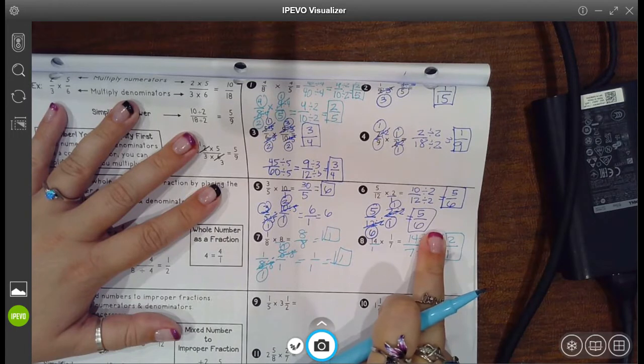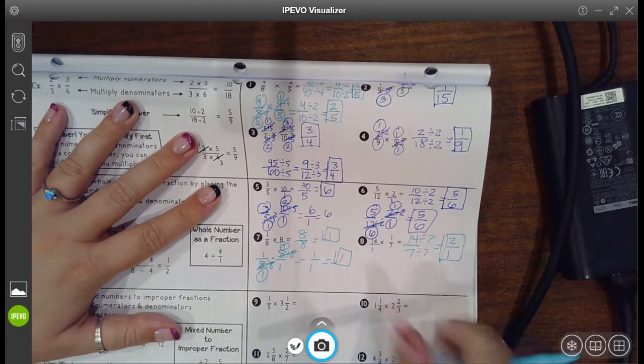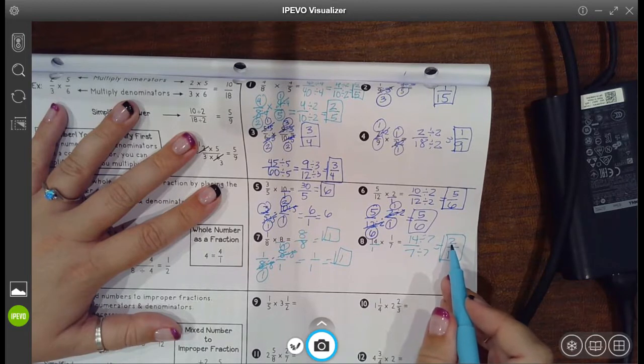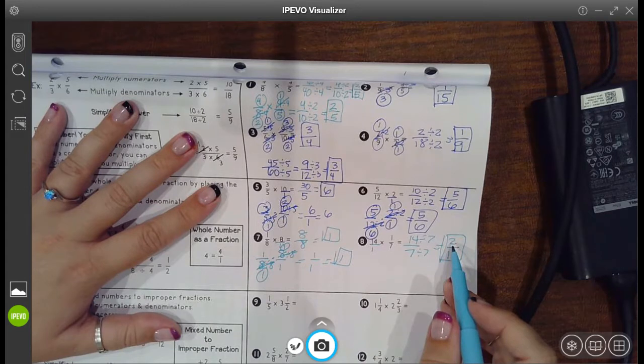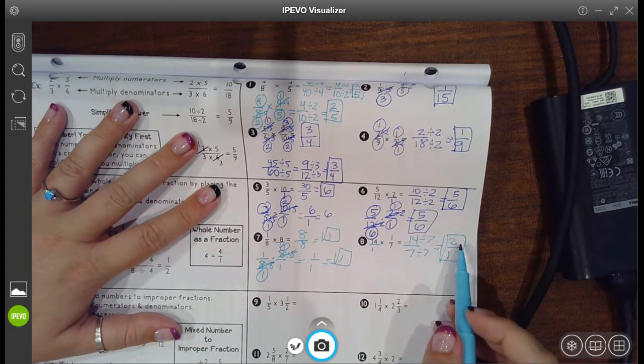So 14 divided by 7 is 2. And because they knew that answer so quickly, then they see 2 in their mind and they're like, oh, so then 14 divided by 2 is 7. And they put a 7 there. It's like they do the same thing twice and then they get their final answer as 7. If you show this, you're less likely to put a 7 here. You're more likely to put the correct answer of 2.